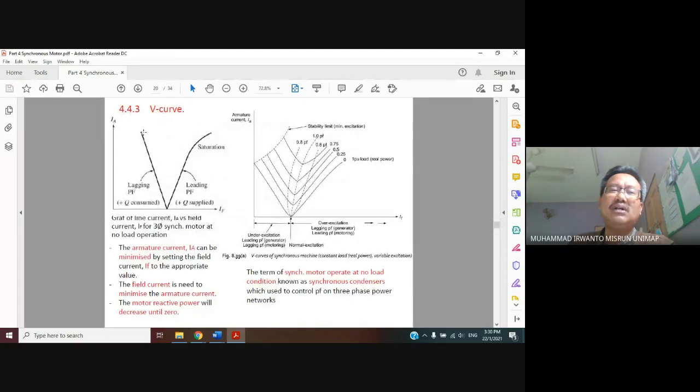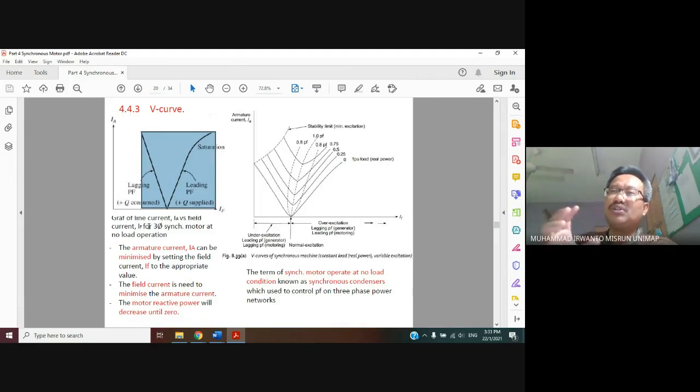Okay, and then the consume and supply reactive power, we can discuss using the V curve. The left side here is for consuming reactive power. For this condition, the motor operates in the lagging power factor.